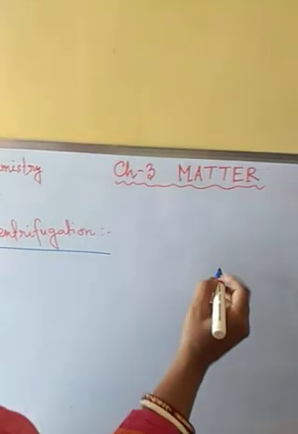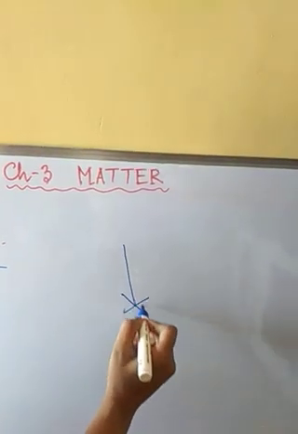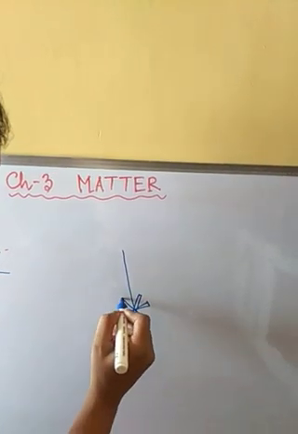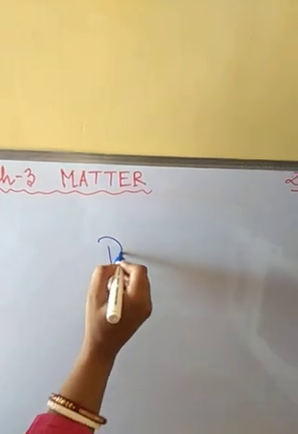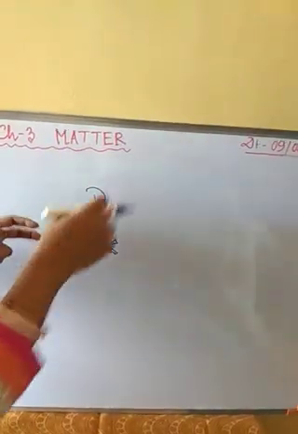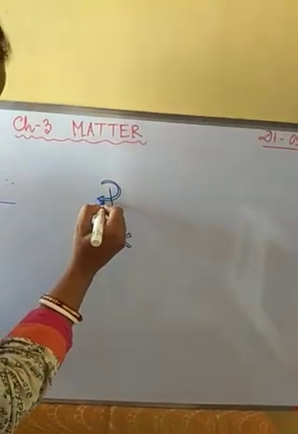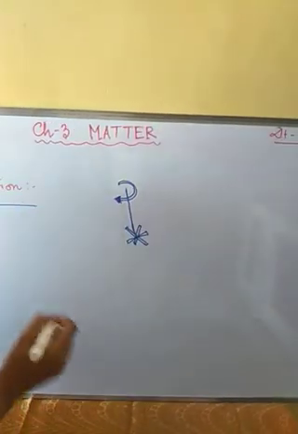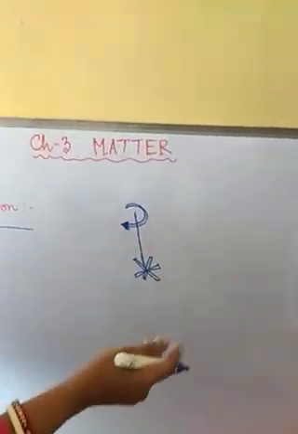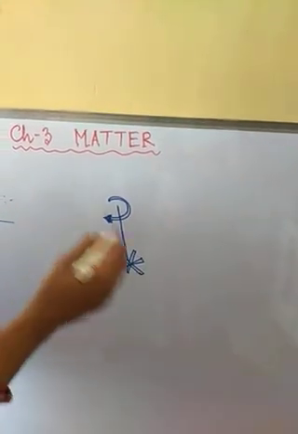Okay, so at our home we use a churner like this. You must have seen this. When we roll this in this manner, through our hand only, we can separate the solid-liquid mixture through this churner.